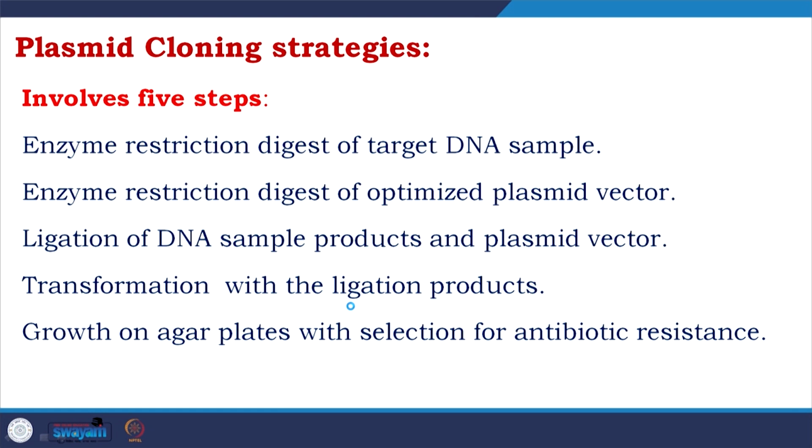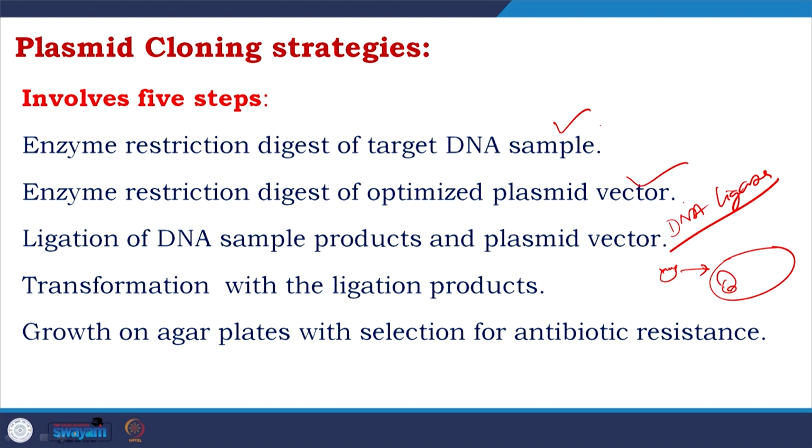It generally involves 5 steps. Enzyme restriction digest of the target DNA sample, I talked about this. Enzyme restriction digest of the vector, I talked about this too. Ligation of the DNA sample products and plasmid vector, you ligate them using DNA ligase. Transformation with the ligation product. So, now you have the DNA-containing vector, and you have to send it inside the cell of E. coli, where the E. coli genome is.